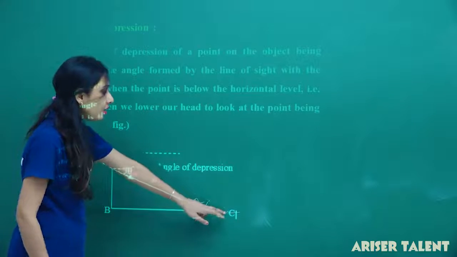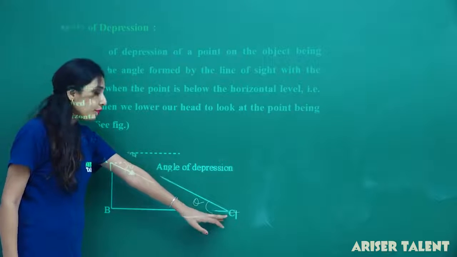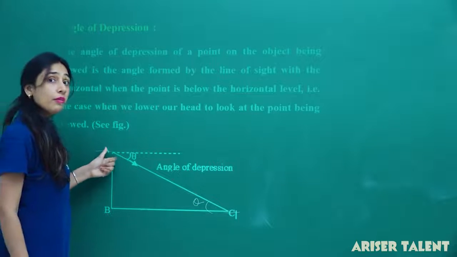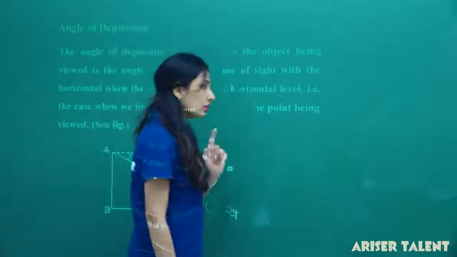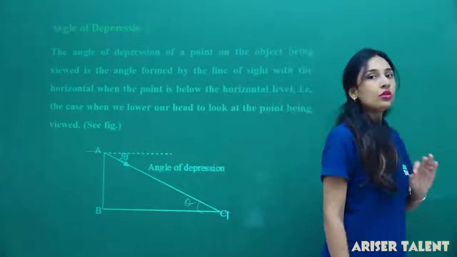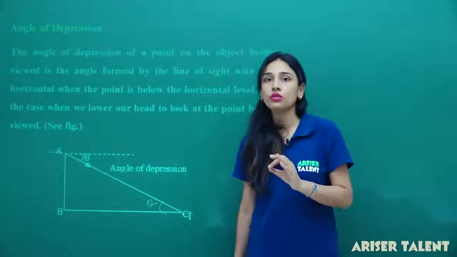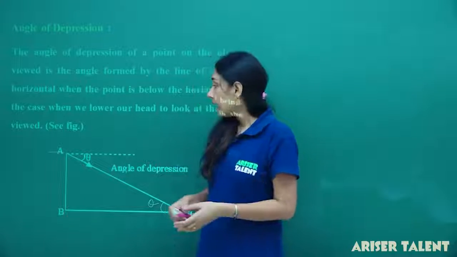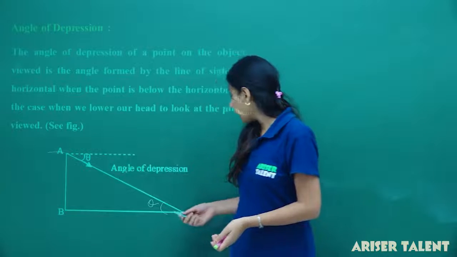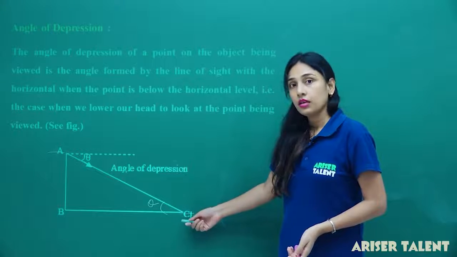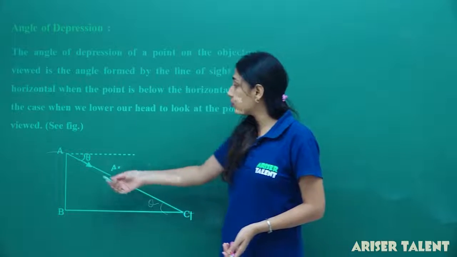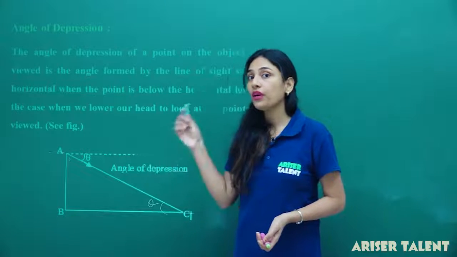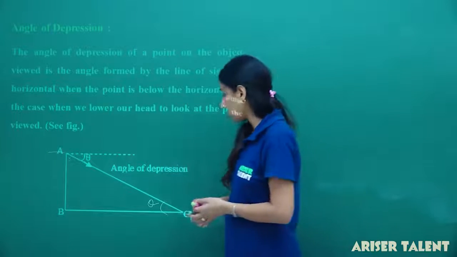So, the angle of elevation from point C will be equal to the angle of depression from point A. So, this terminology is also of use, that you also have to remember: the angle of elevation at point C is equal to what? Exactly, the angle of depression from point A. We can use this, right?